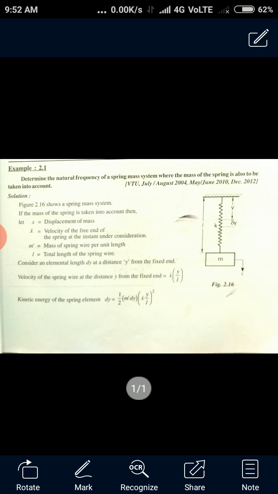The velocity of the element dy at a distance y from the fixed end is given by x dot y by L.